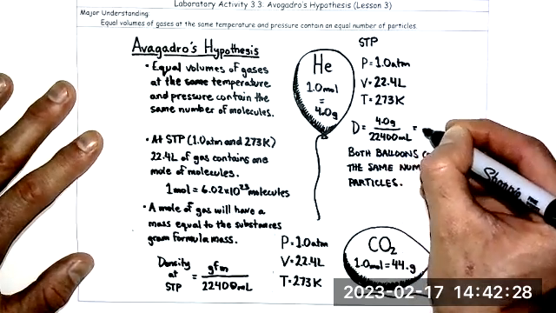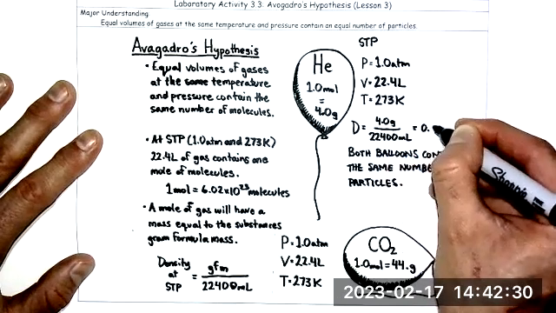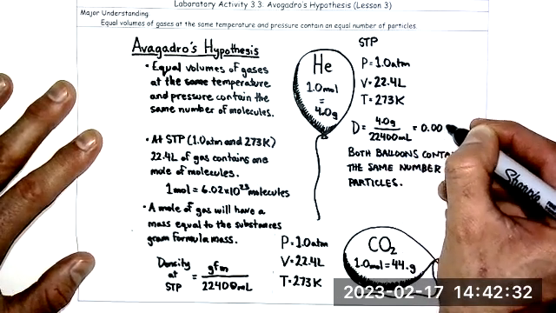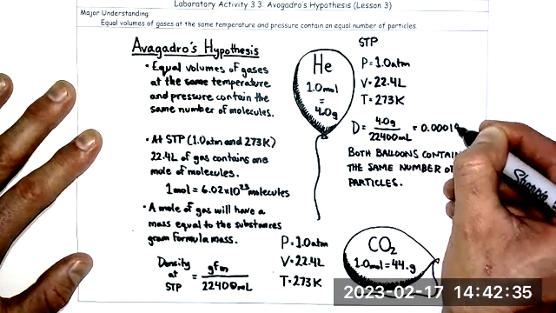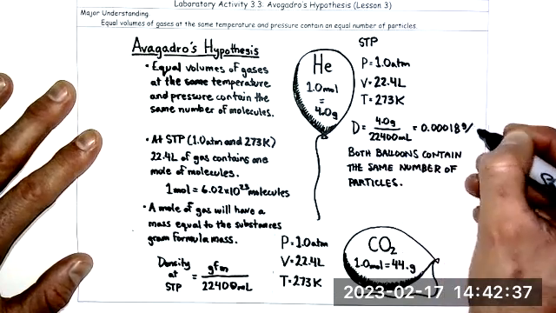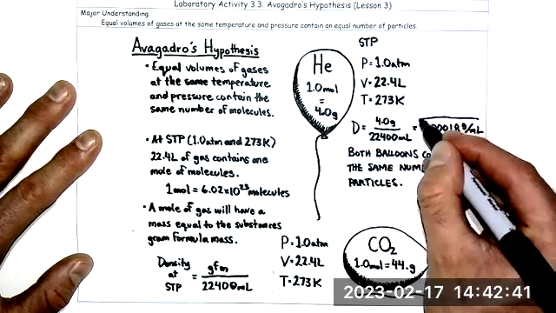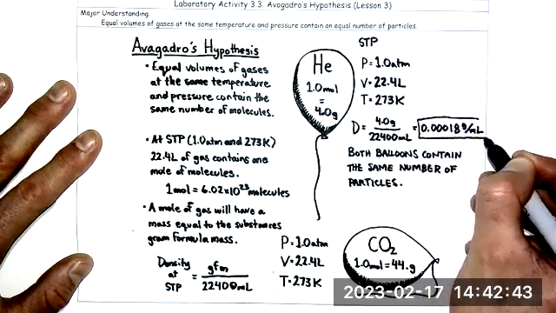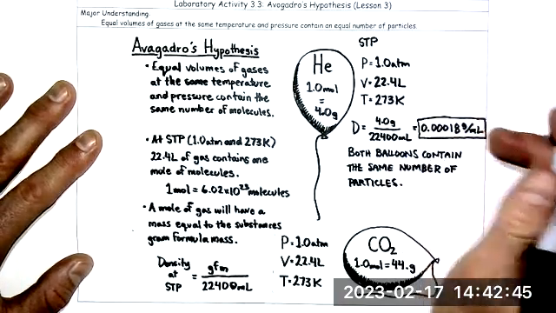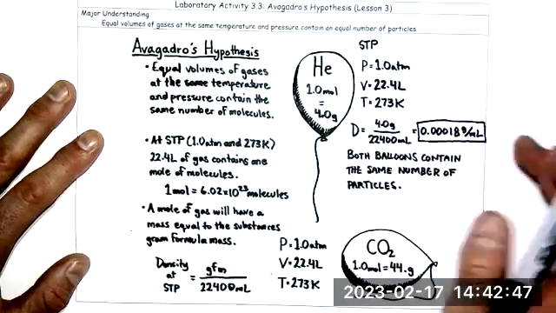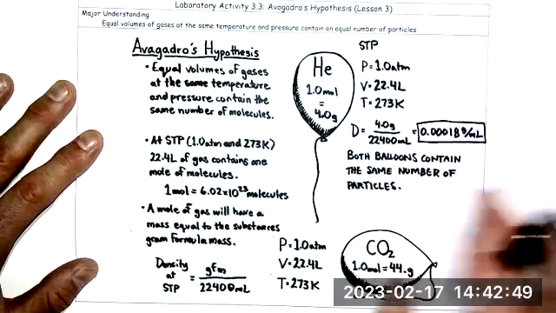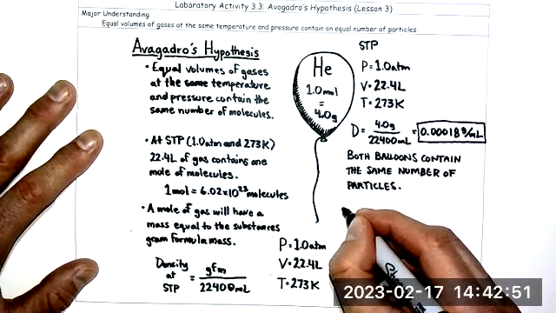And that'll actually be equal to 0.00018 grams per milliliter, or centimeter cubed, either one. Now this value for helium is actually in Table S, so you can look this up, but we just calculated it right here.